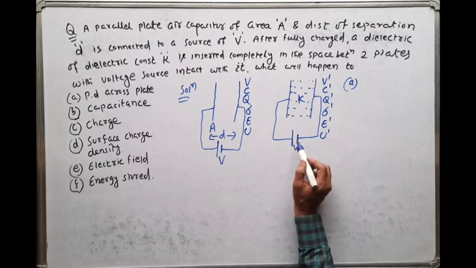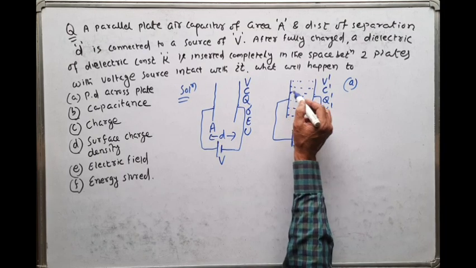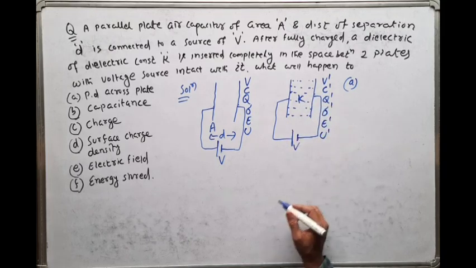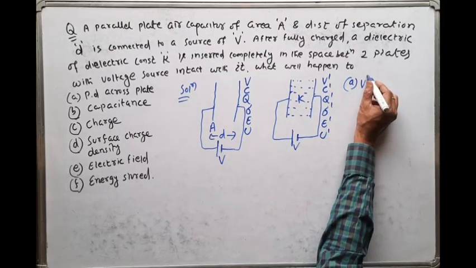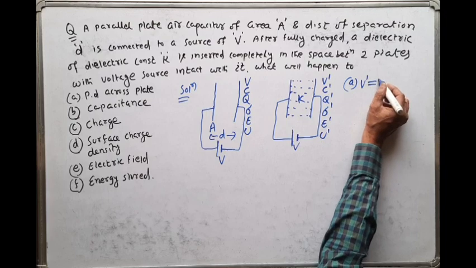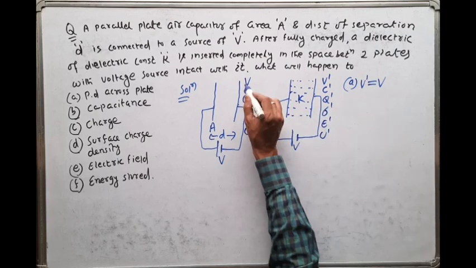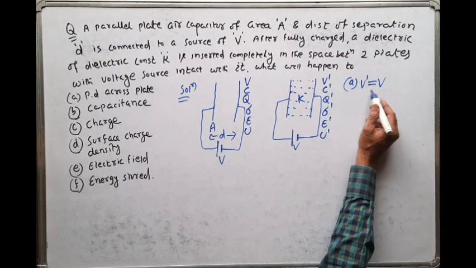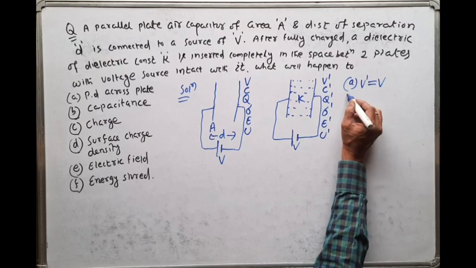If the potential difference across the two terminals is V, then the potential difference across these two plates is also V. That means the new potential difference remains the same as the previous. So voltage does not change.